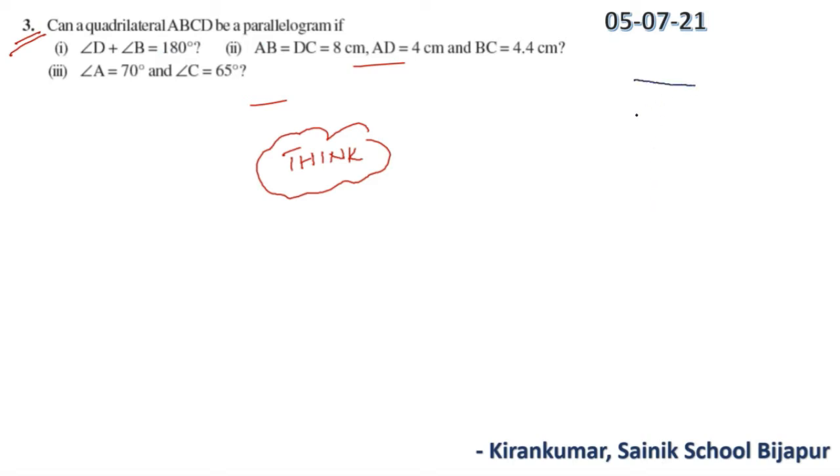In general, if I draw a quadrilateral, say ABCD, look at angle D and angle B. Angle D and angle B, they are the opposite angles. Whenever we write a parallelogram ABCD, it has to be in this order only. So angle B and angle D will be opposite angles.